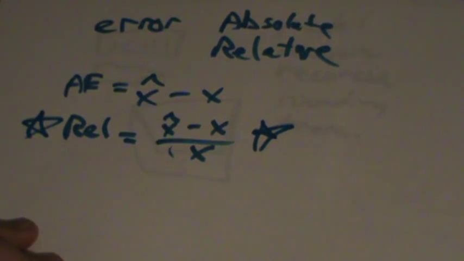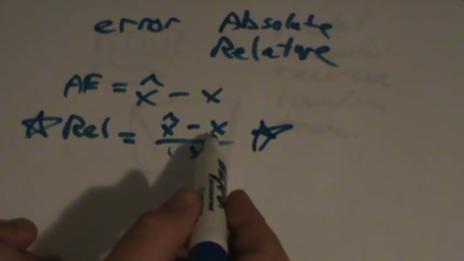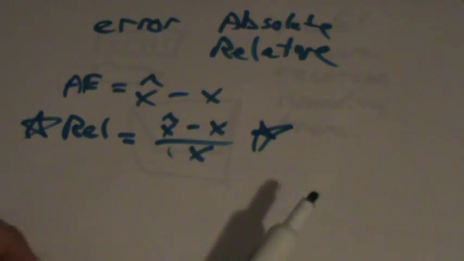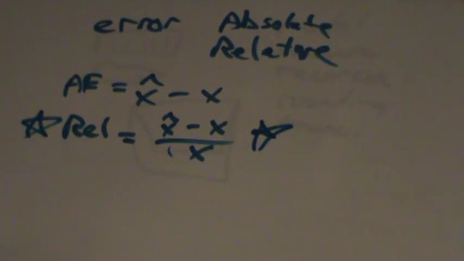If you think about it, let's say I told you my error was 1 meter, right? So if you like English units, a little bit over 3 feet, you might think, wow, that's horrible. Well, horrible compared to what?